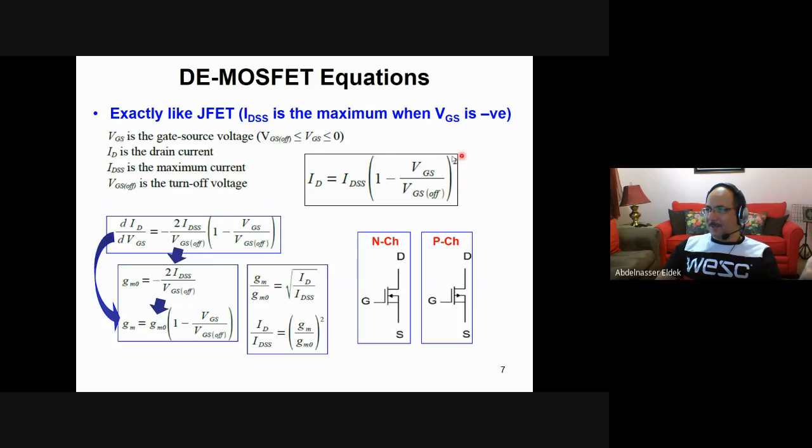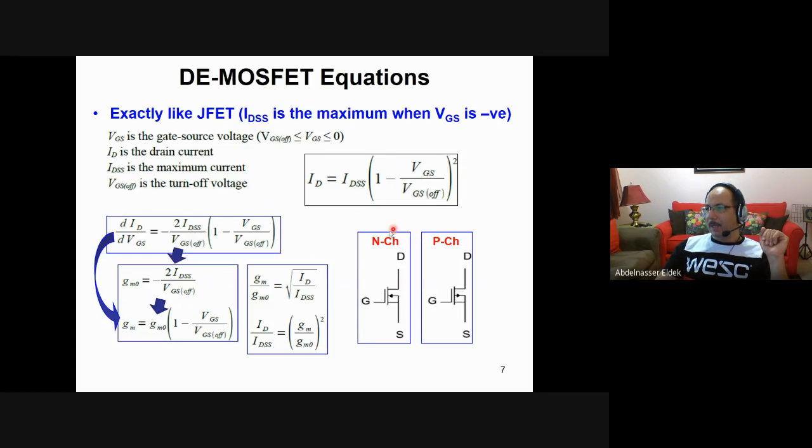There is no difference here. You see the current ID equals IDSS, which is the saturation current, times 1 minus VGS over VGS off. This is a voltage. When VGS equals this voltage, the current ID will be 0.